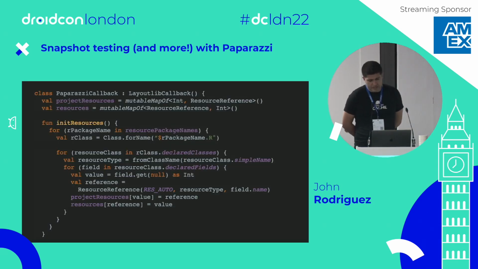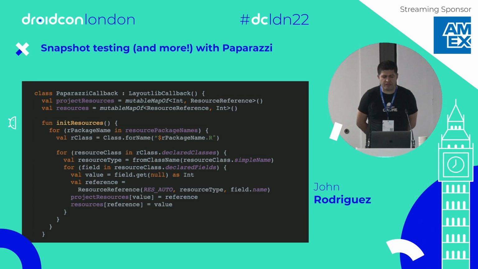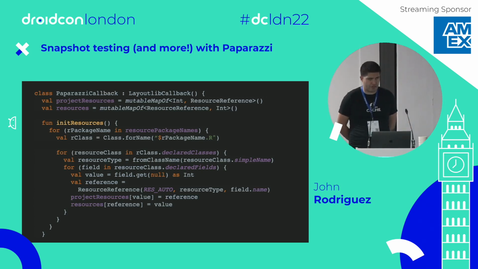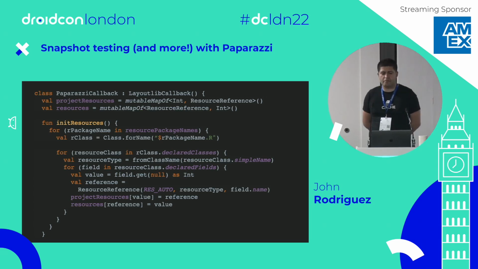What Paparazzi does either way is it basically class loads every R file that exists in the file system so that it can get those public static final integers, the indexes, into your resources file. And it needs to have that in memory, because the same resource lookup mechanism that works on Android has to be used by layoutlib.